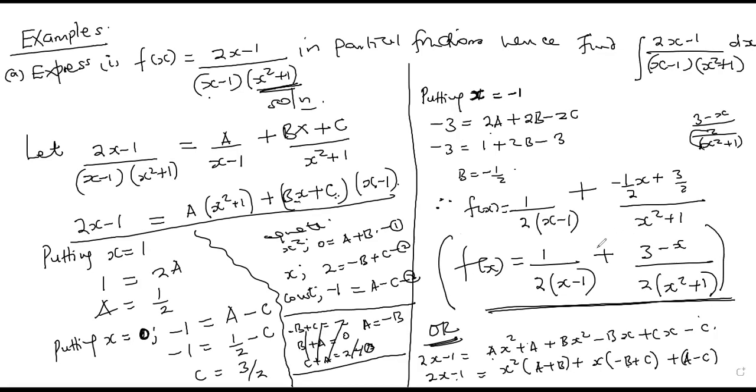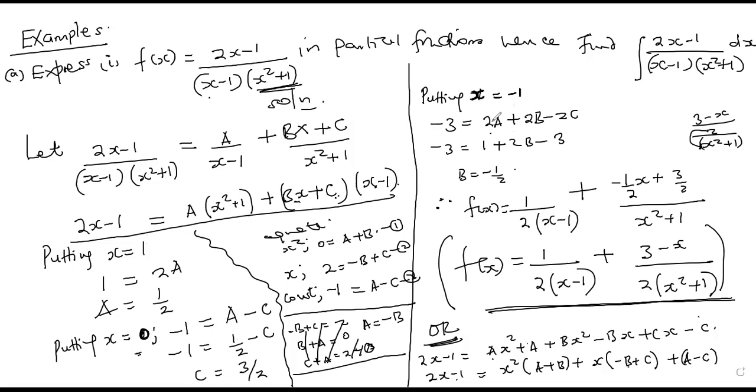You need to realize that the values x is 0 and x is -1 are conveniently chosen to find the remaining constants.